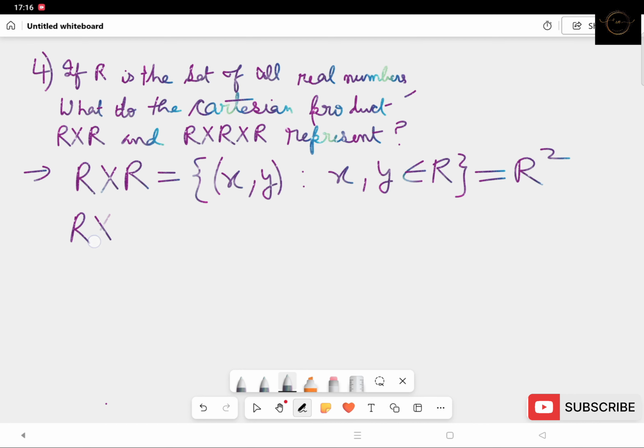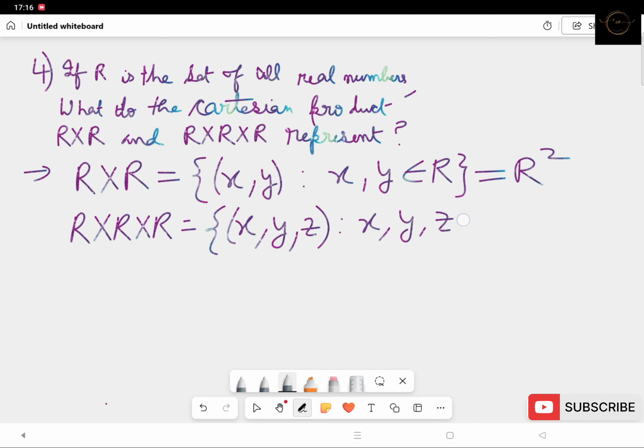Now what about R into R into R? It's all about the ordered triplet, because 3 points at a time. So x comma y comma z such that x, y, z belong to R. That's equal to R cube.